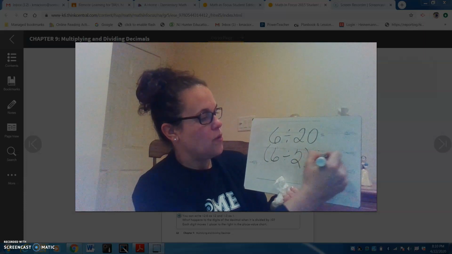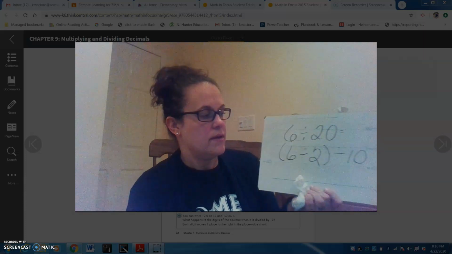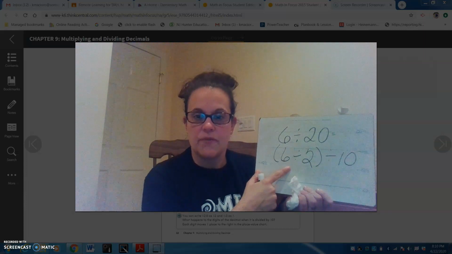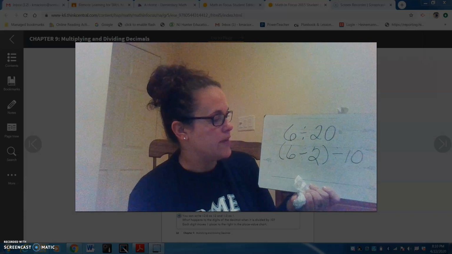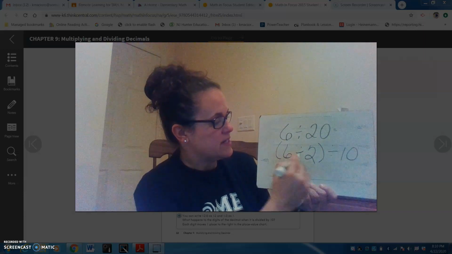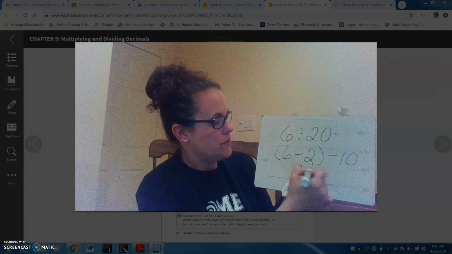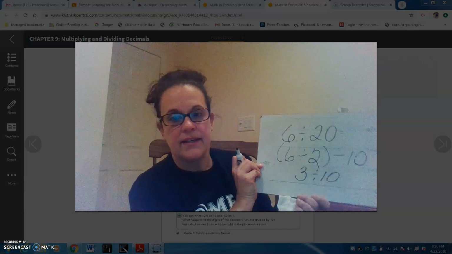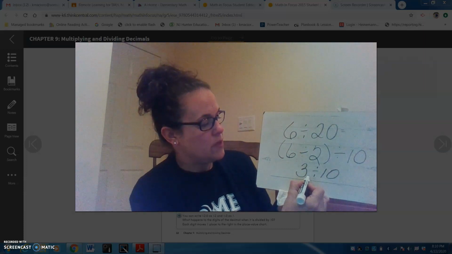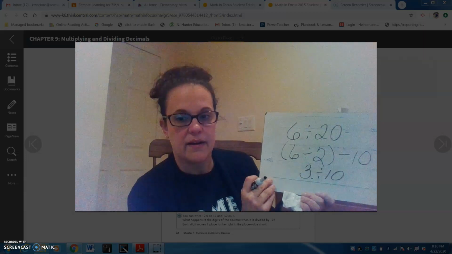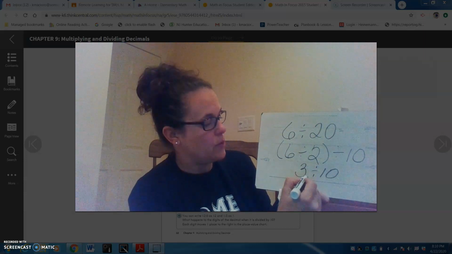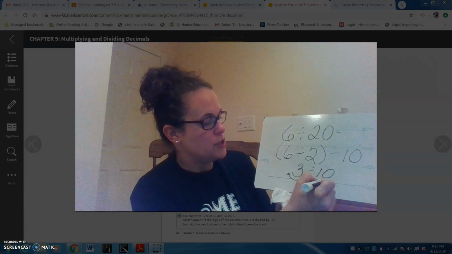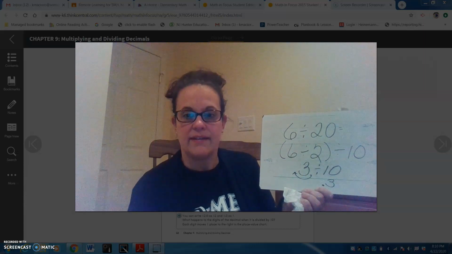Then I'm going to take the quotient from the bracket and divide that further by 10. So 6 divided by 2 is 3, and I'm going to divide that by 10. And remember, this would be a whole number, so the decimal would be there. And because I only have 1 zero, I'm moving it one space to the left. So my quotient would actually be 3/10.